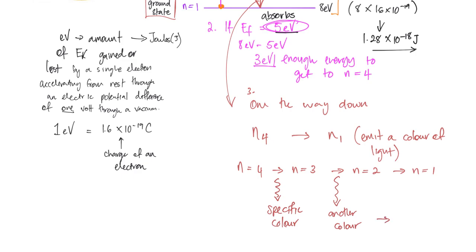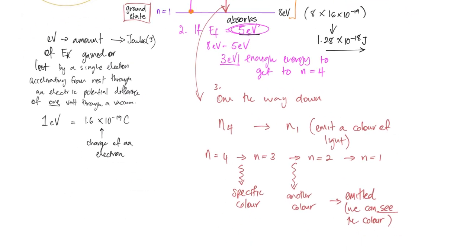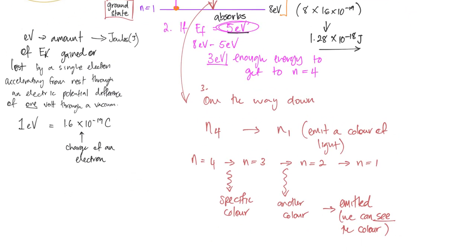If it's emitted, we can see the color. If it's absorbed, we're not going to be able to see it. What you need to understand about this, and we're going to do a real example and look at how all of this works for a certain atom, is that all atoms have unique energies.